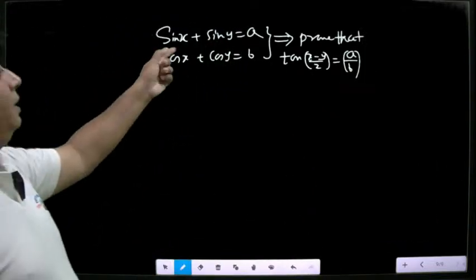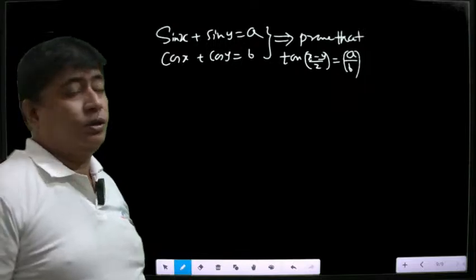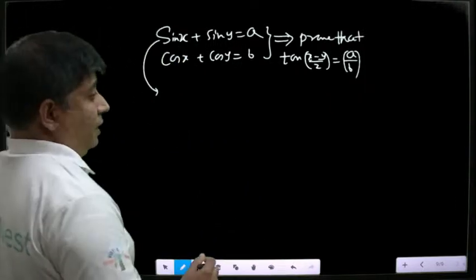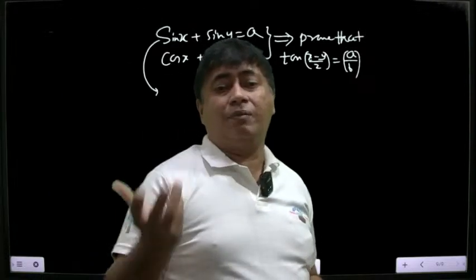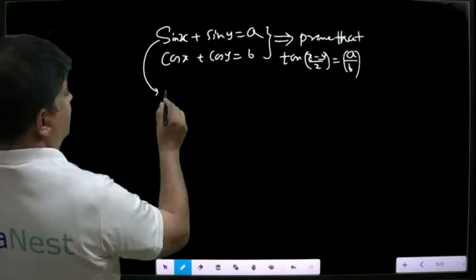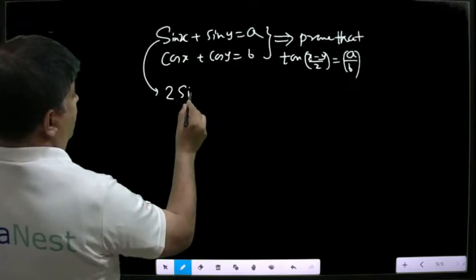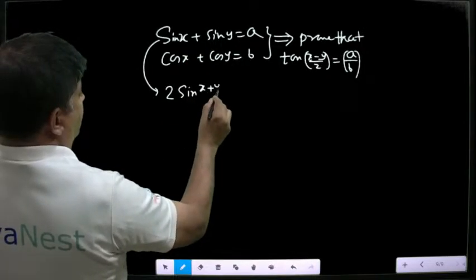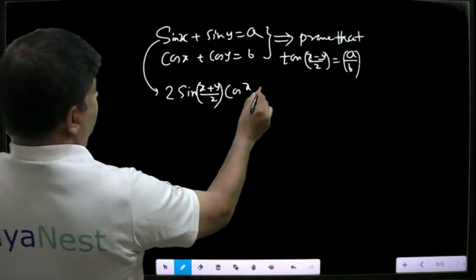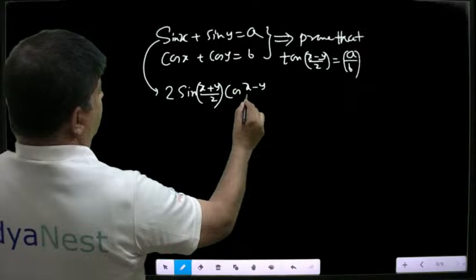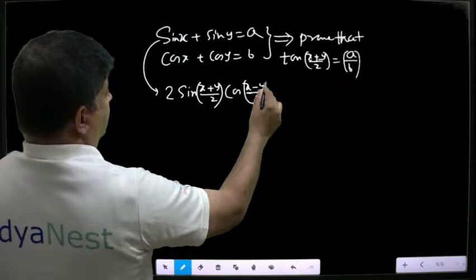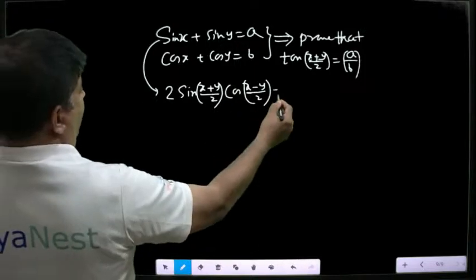So here what formula is to be used? Sin c plus sin d. The first approach will be the same as in the previous sum. Sin c plus sin d gives 2 sin x plus y by 2 cos x minus y by 2, is equal to a.